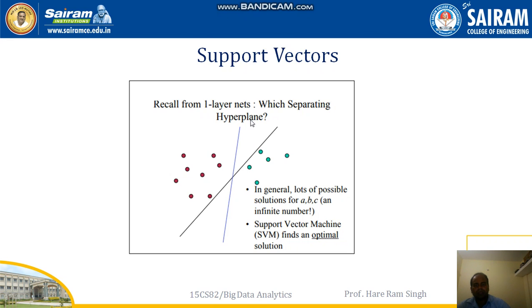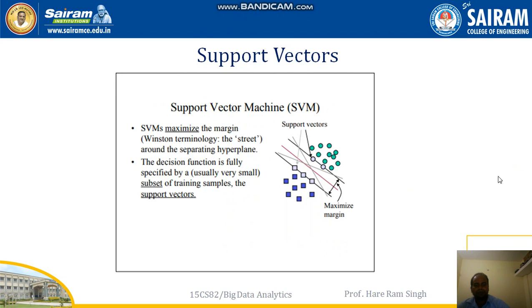Here, a hyperplane is a plane which separates the data set into two parts. Separating this data set can be done in infinite number of ways, but SVM is the optimal solution for separating the data.